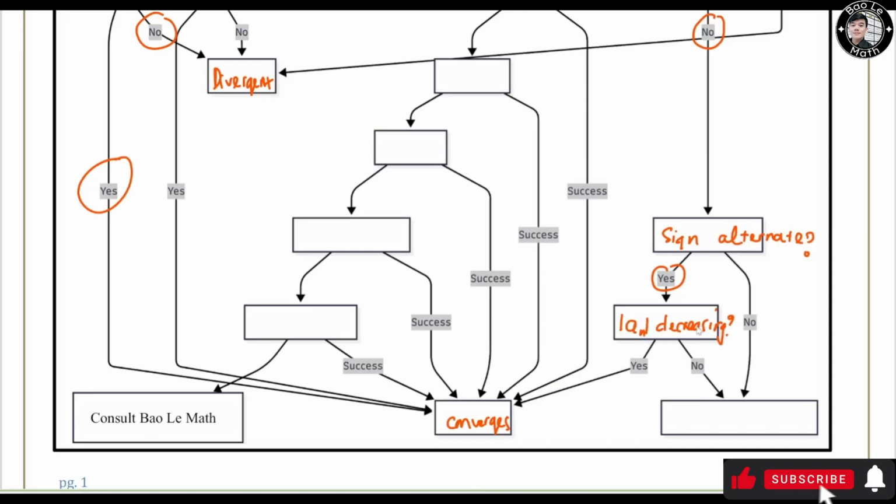If the series is decreasing, then the series converges. If the series is not decreasing, then you're going to try absolute convergence. After you check the sign and you don't see the sign alternating, you're going to try absolute convergence.